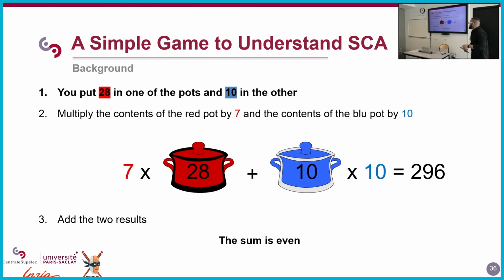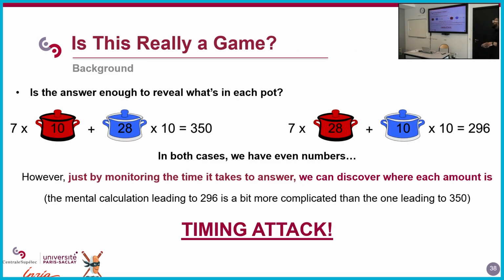Let's see. If we put 28 in the red pot and 10 in the blue pot, we get 296. Okay, the result is even. What if we put 10 in the red pot and 28 in the blue one? We get 350, which is even too. But the devil is always in the details.